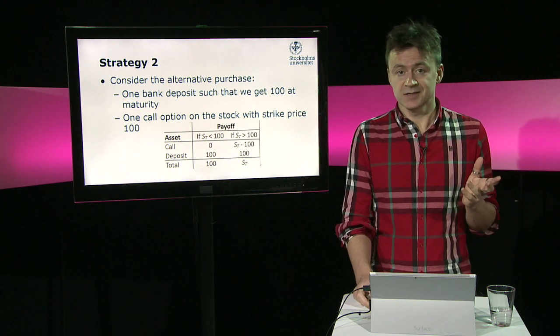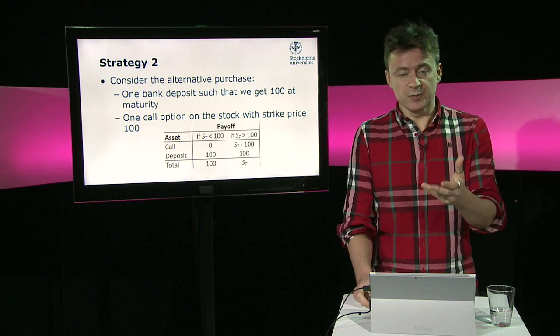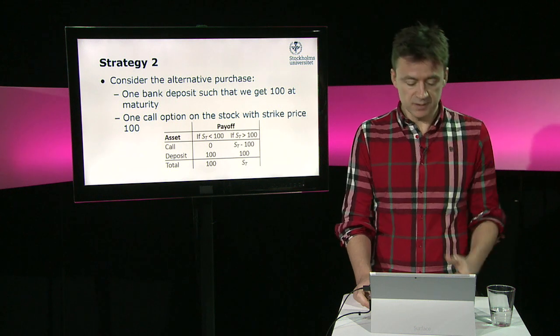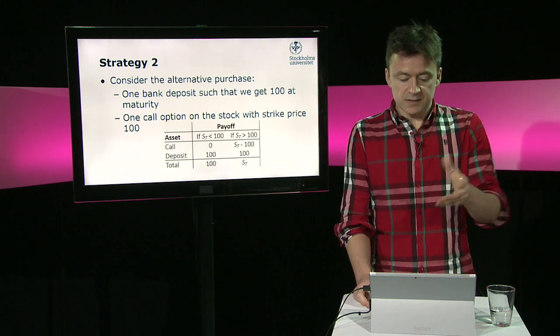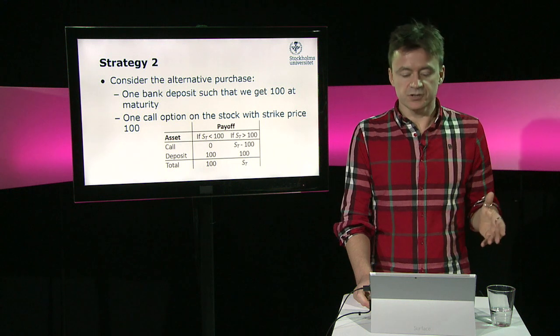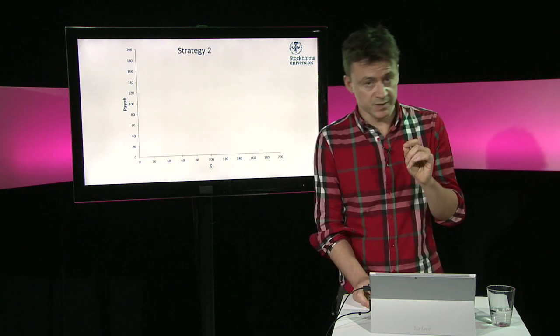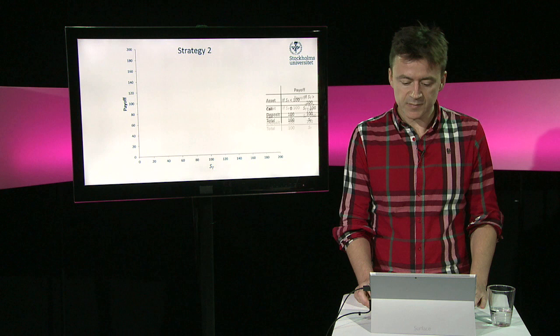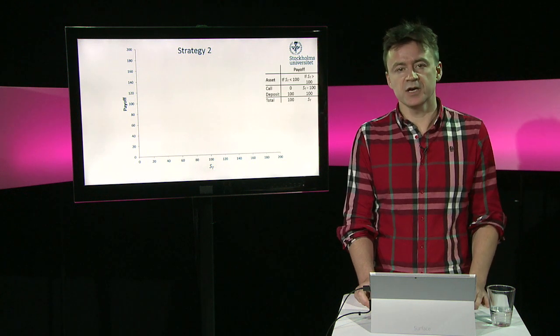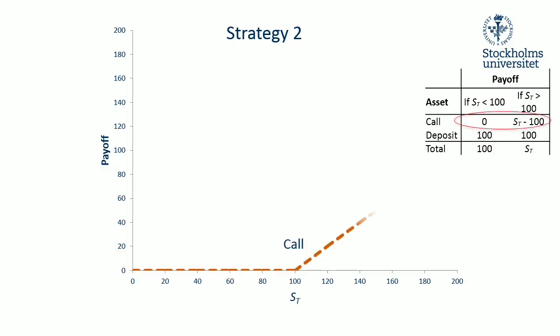And you probably guess now that the payoff of these two strategies, strategy 1 and strategy 2, is going to be the same. Let's see what the payoff of strategy 2 is.